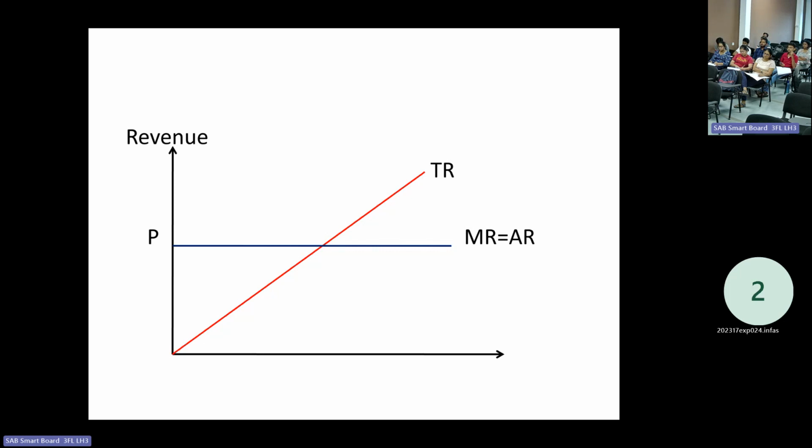In this case the total revenue curve is upward sloping. Total revenue we calculate as price times quantity. If the price is constant, revenue becomes linear, and this is the demand curve for the firm, so it becomes perfectly elastic.